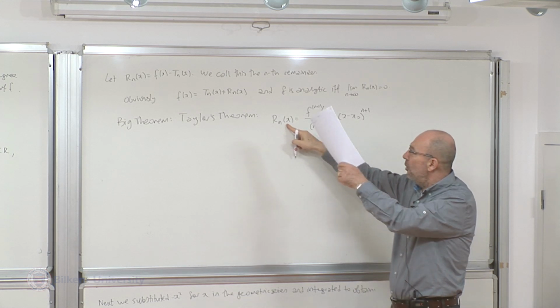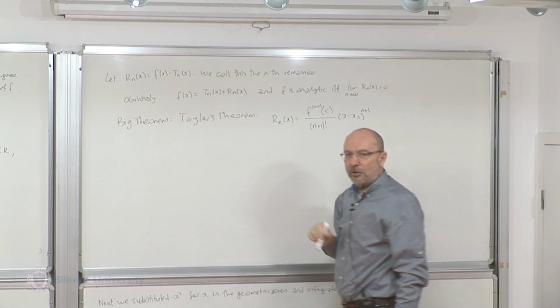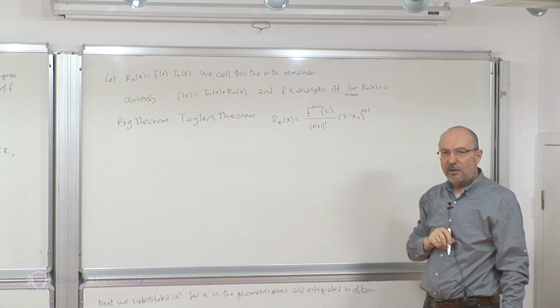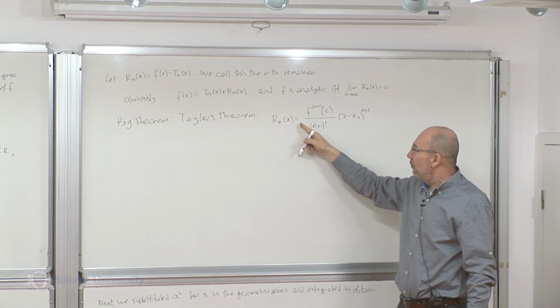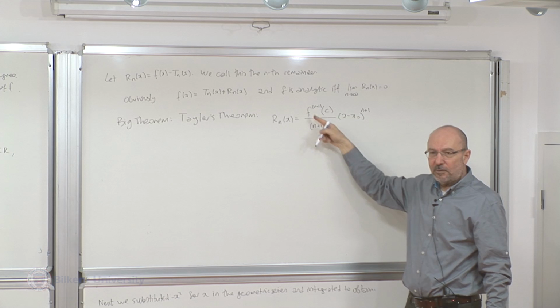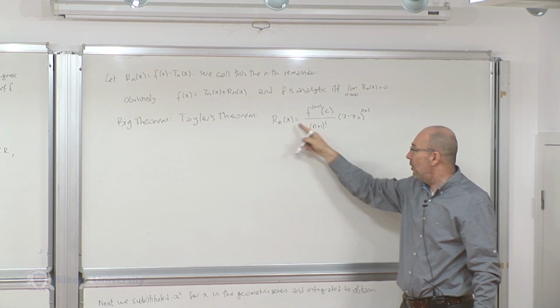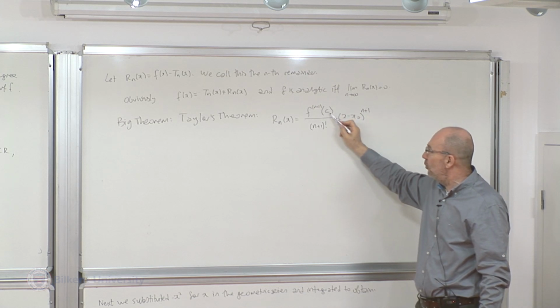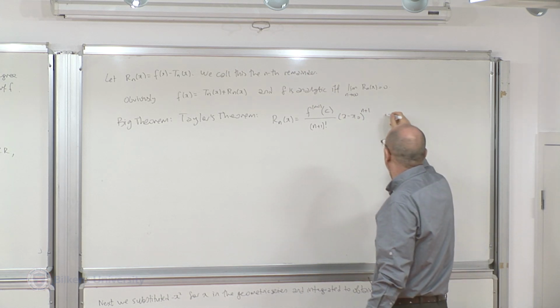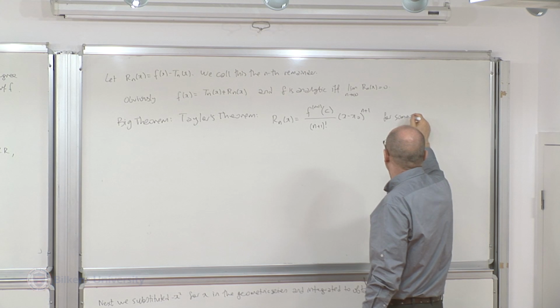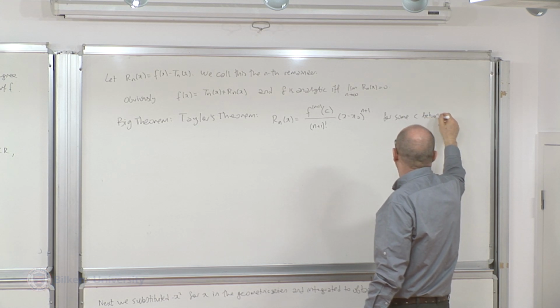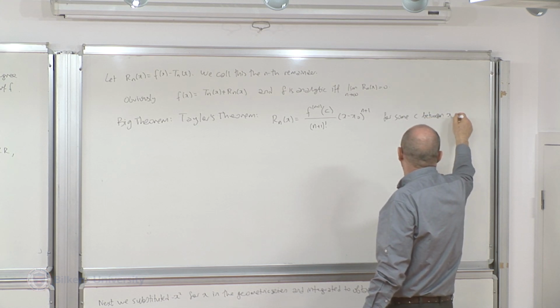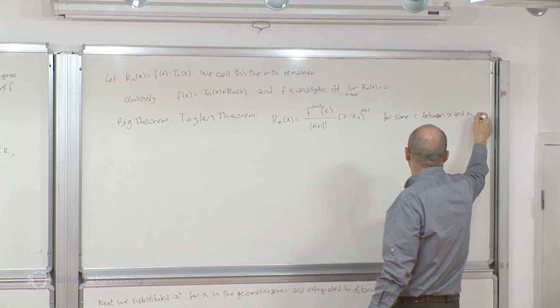If you take only the first n terms of the Taylor series, the error you are making will be precisely this number. x is fixed, you know where x is, so this part is a number, (n+1) factorial is a number. The only thing is, what is this c? For some c between your x and x sub 0.